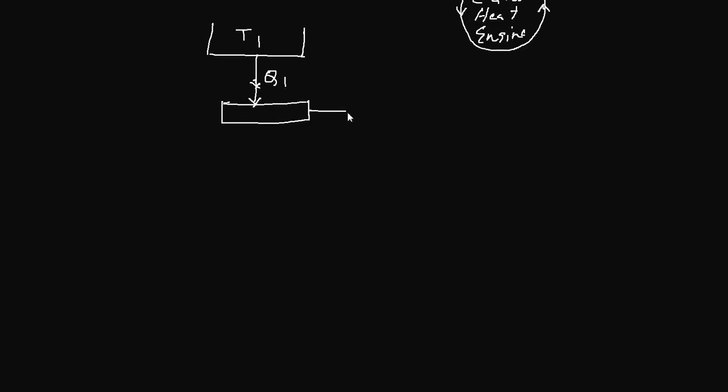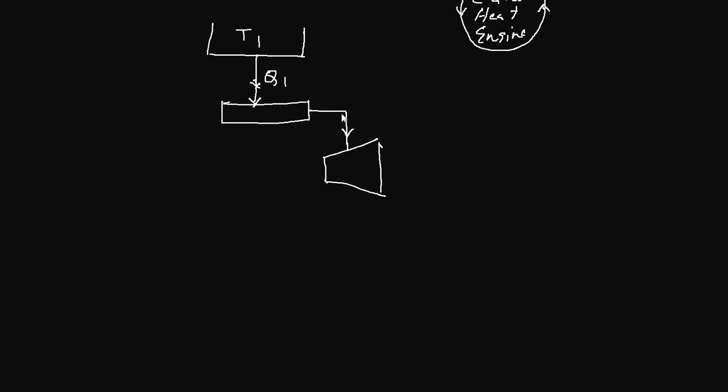From the heat exchanger, the working fluid will be transferred to the turbine, where you have a work output. If we assume a power production plant operating on steam, the working fluid will be water and steam.